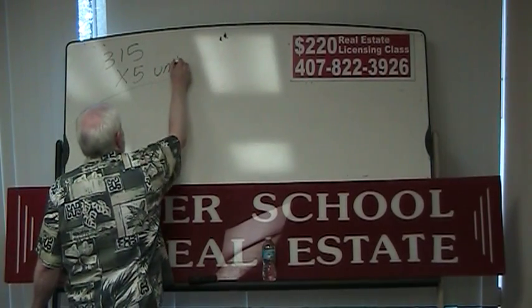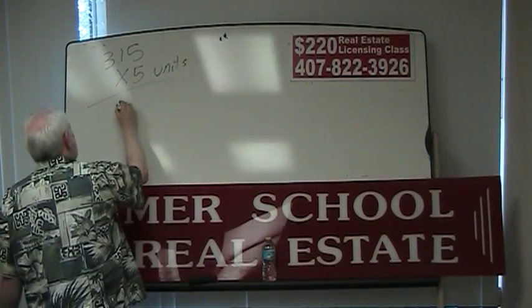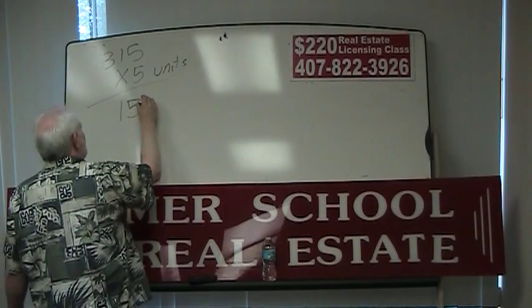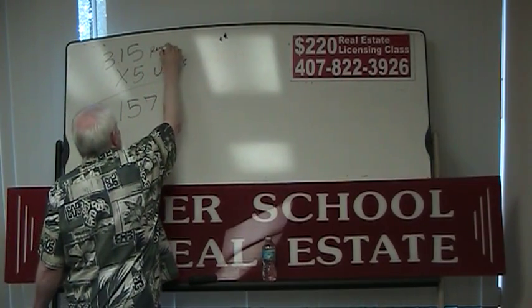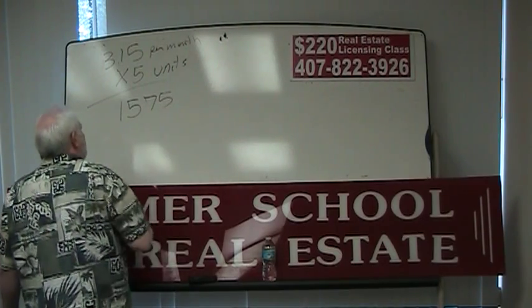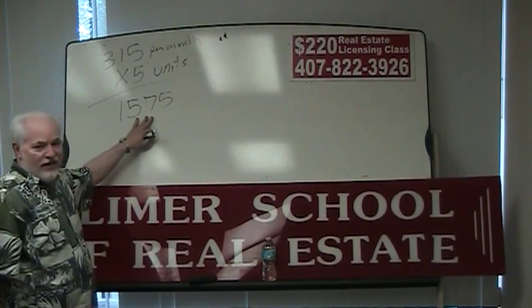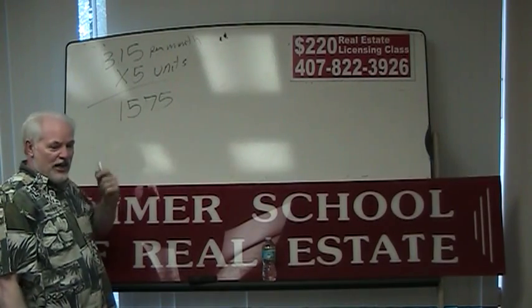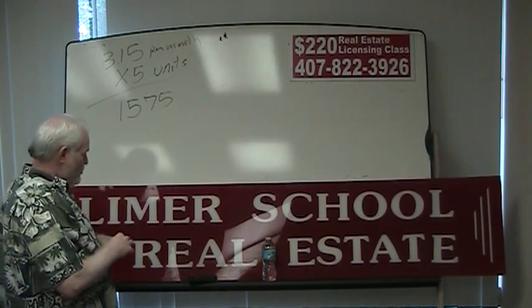So we got 5 apartments, $315 per month. So that is $1,575 is the rent that the seller collected on the first of the month.